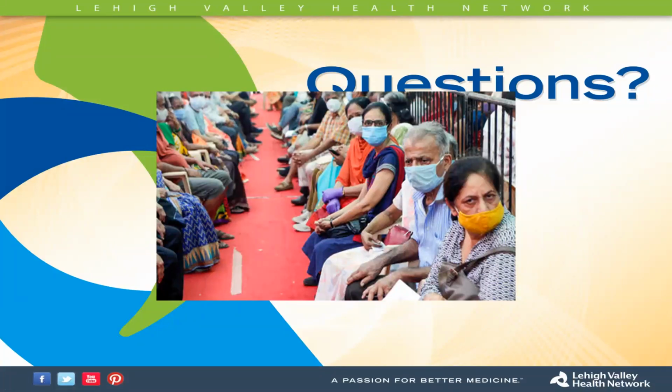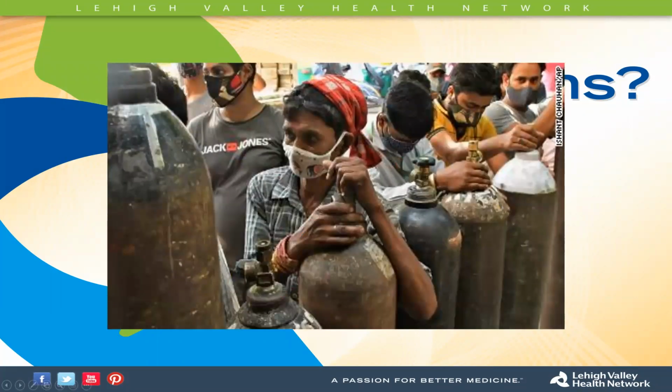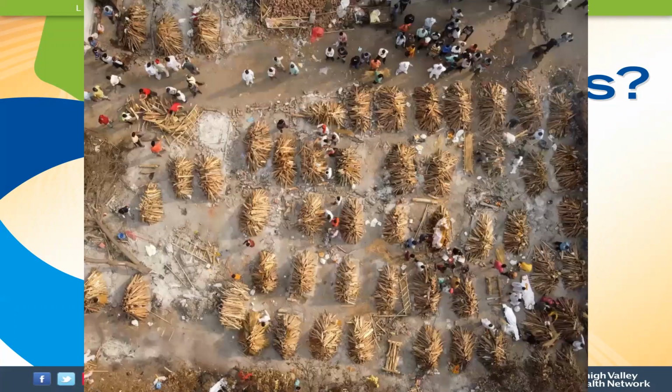None of them look too bad at this point, but all of them have symptoms of COVID, and they're trying to be tested for it. There was a severe shortage of oxygen and other compressed gases, and individuals lined up and, for lack of a better word, claimed their own cylinder of oxygen so they would have it for their family because they could not count on institutions having it.